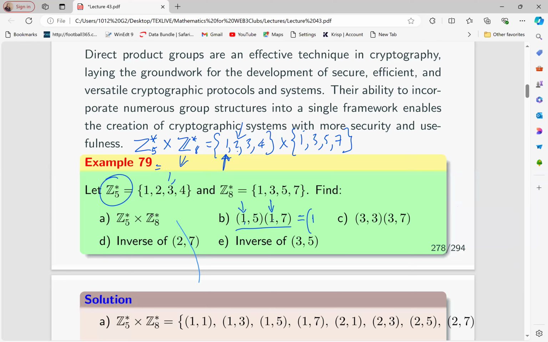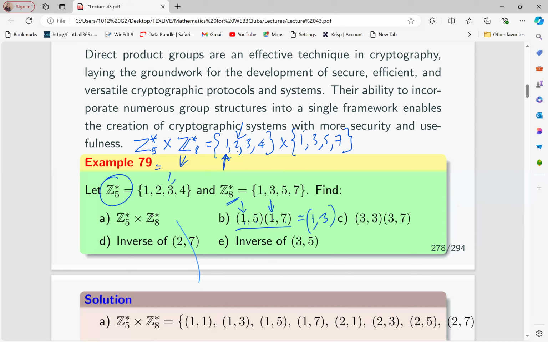Now, 5 and 7 are from Z star 8. Z star 8 is a multiplicative group. So again, we multiply 5 and 7 and get 35. But now, mod 8. Mod 8 means divide by 8 and write the remainder. 35 divided by 8, because of that 4, the remainder is 3.